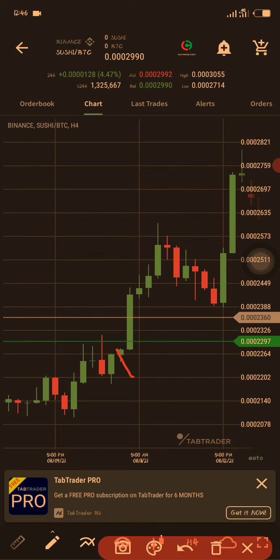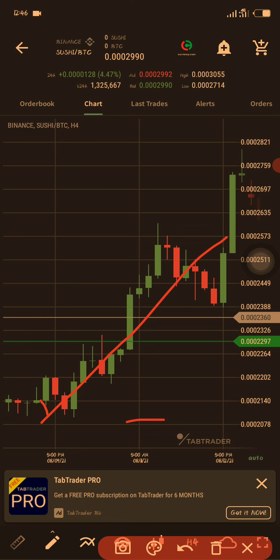So let's identify, look at this place now. You see this is an inverted hammer. It was formed during a bearish downtrend, and look at the results.